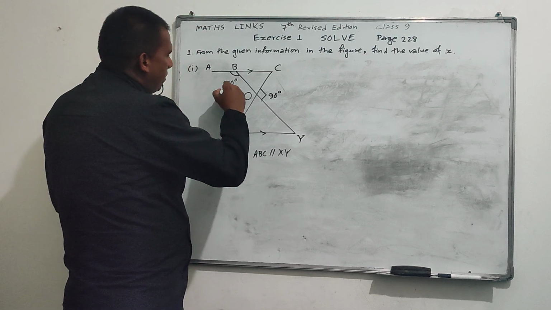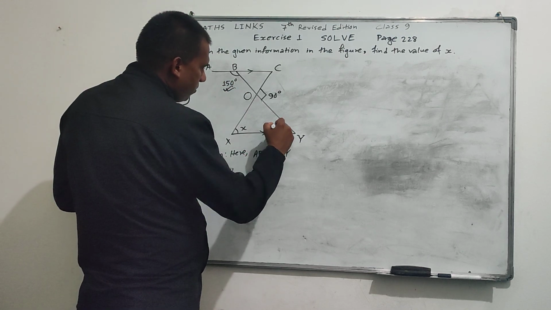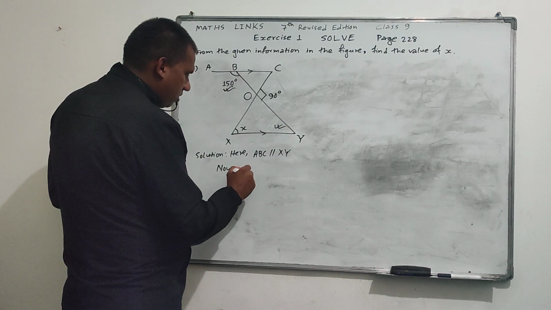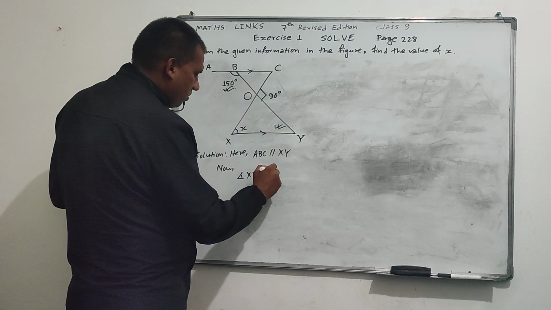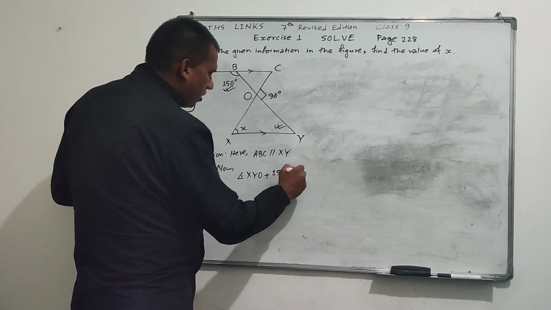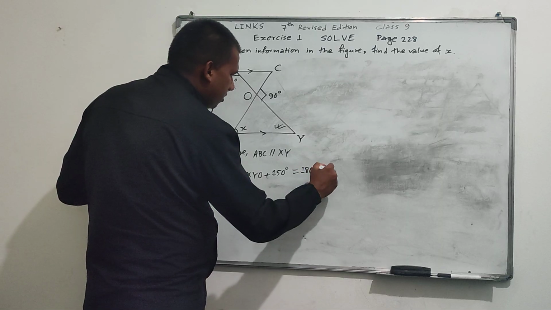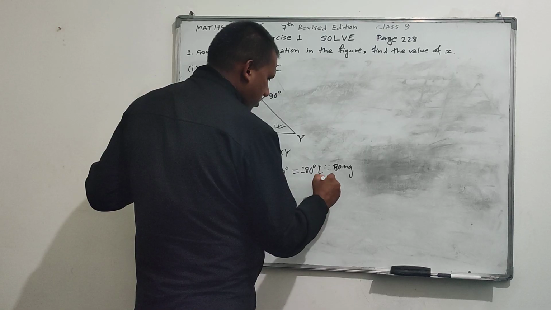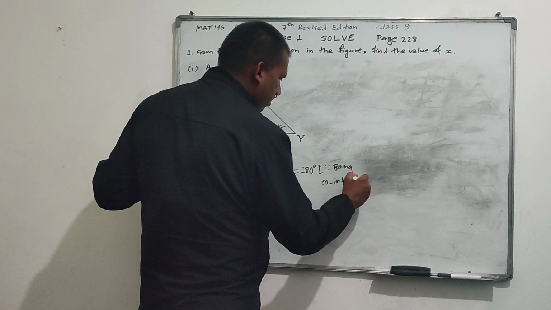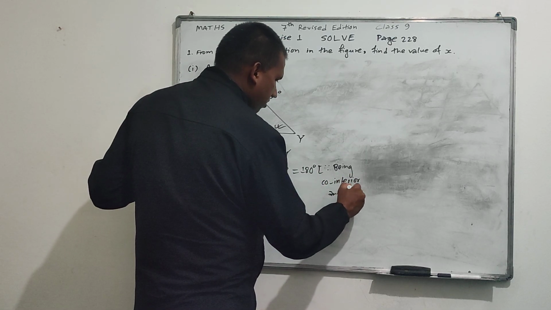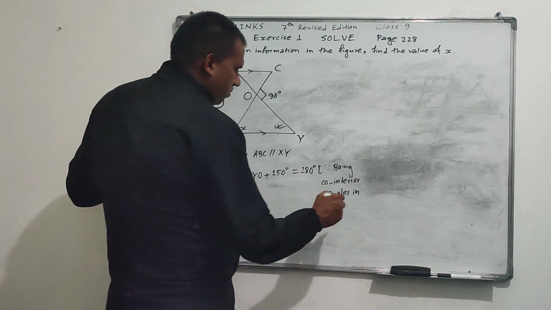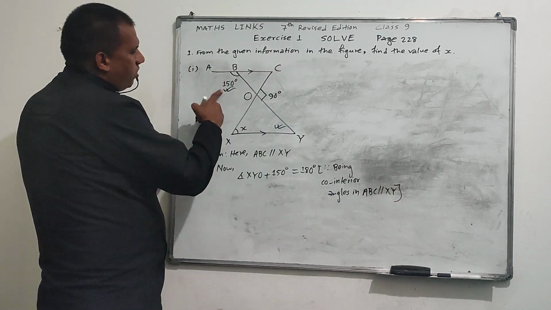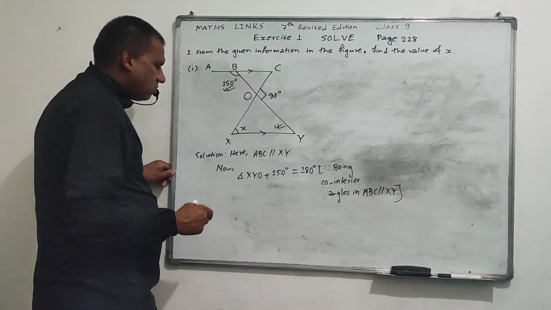Now 150 and angle XYO are co-interior angles, so we can write angle XYO plus 150 degrees equals 180 degrees, because they are co-interior angles in ABC parallel to XY.